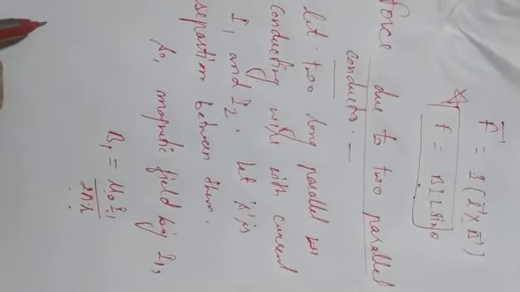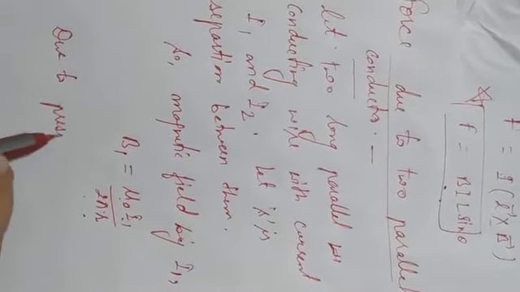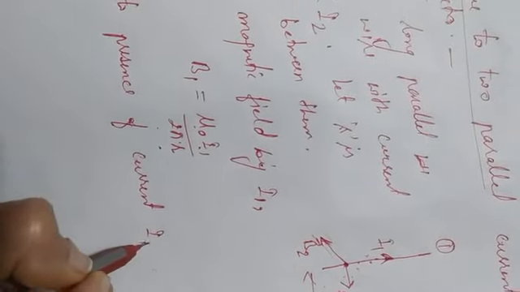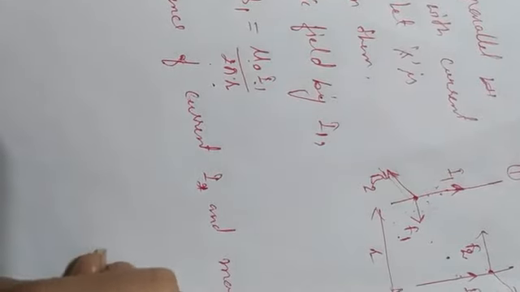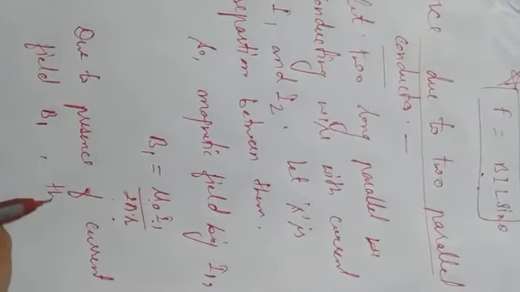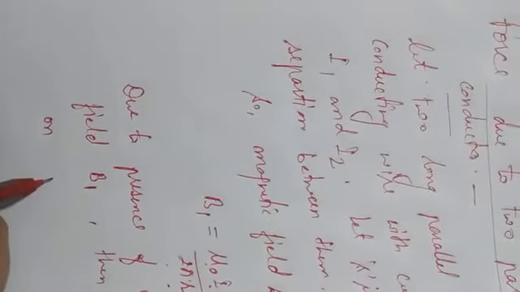Now next there is a force. Due to the presence of current I2 and magnetic field B1, force F2 will act on wire 2.